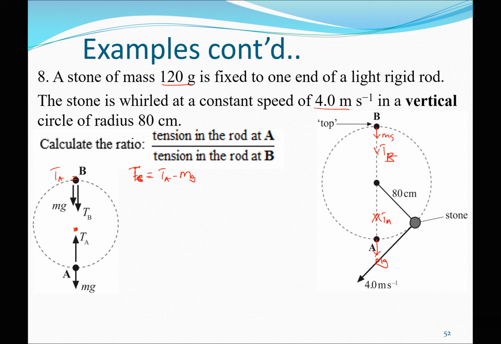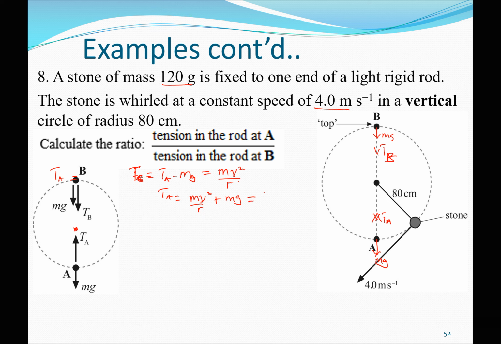That is the resultant force at A. Remember, this is centripetal force, so it is going to be mv squared divided by r, where r is the radius. So this means that TA is going to be mv squared over r plus mg. You can substitute if you want.